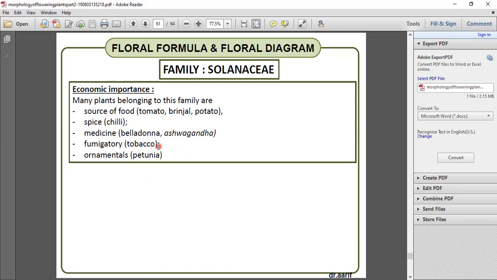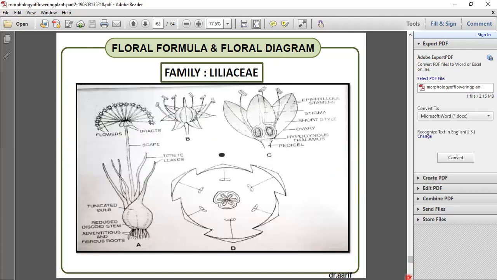The tobacco plant belongs to the Solanaceae family. There is a flower called petunia, which can be used for ornamental purposes. So this is all about the economic importance of Solanaceae. Any doubt? Class? No, ma'am. Great. So now, the next family.